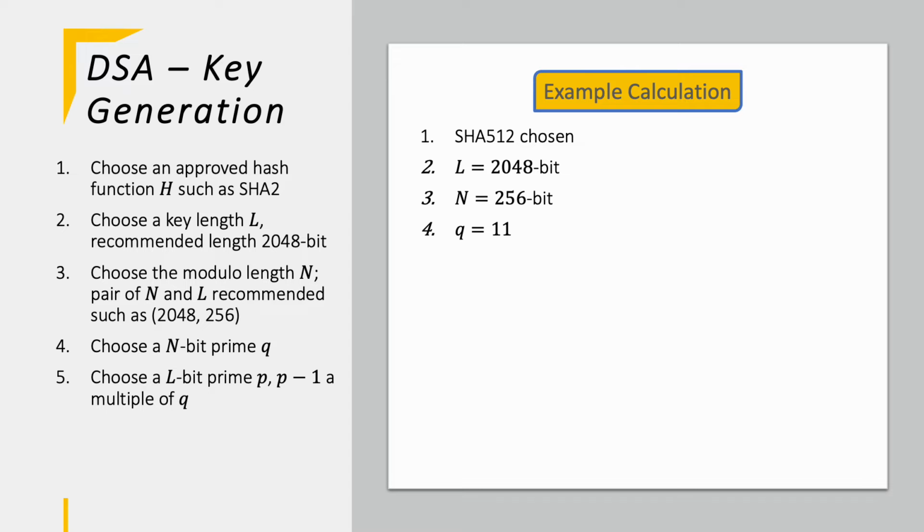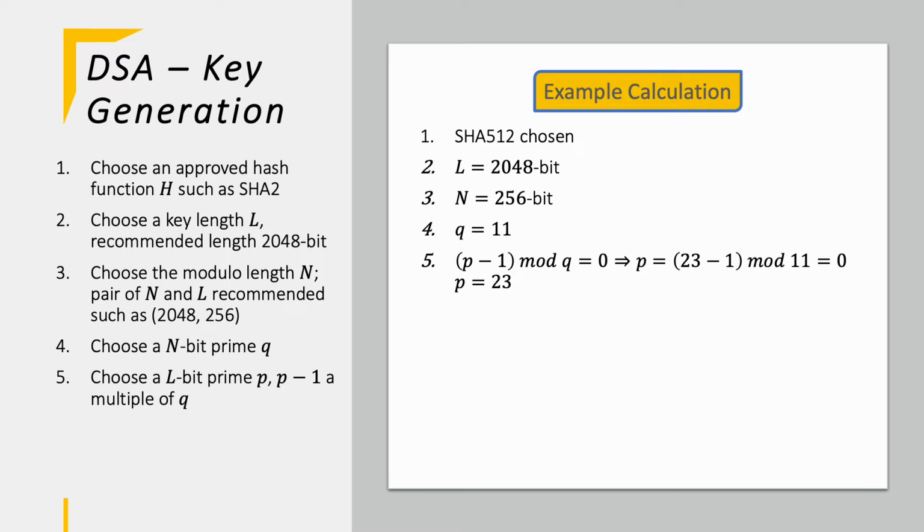Then we pick another prime number. Sorry, I didn't mention that Q needs to be a prime number, just as P, and P is supposed to be of the length L bits, so up to 2048, and P minus 1 must be a multiple of Q. We have the equation on the right hand side under 0.5, which is P minus 1 modulo Q, supposed to be 0.